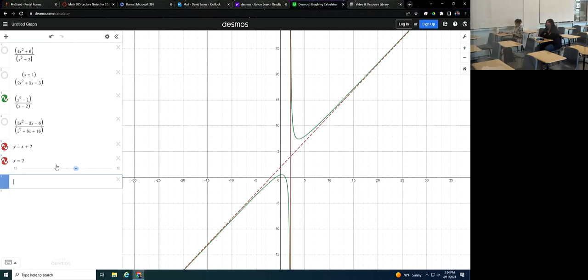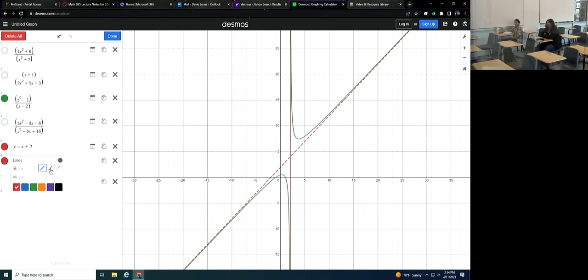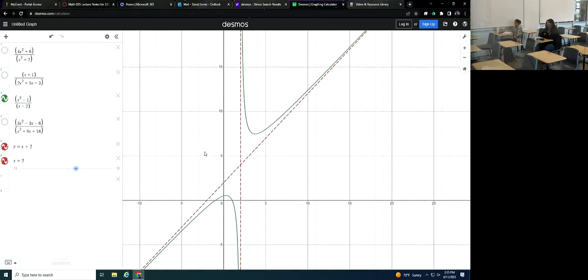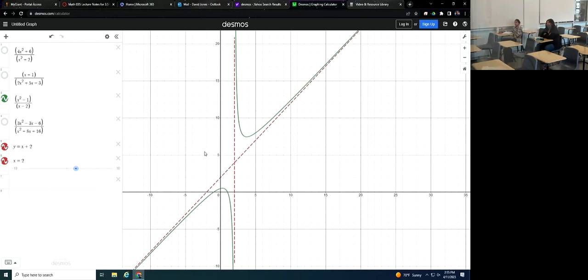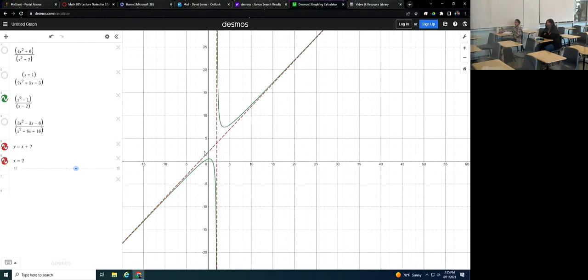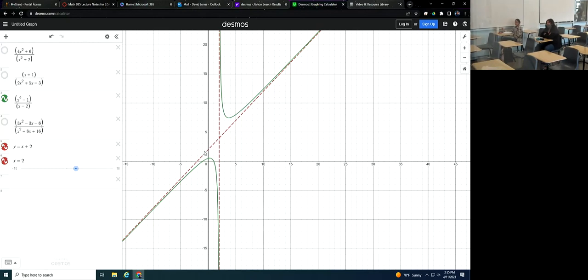If you want to make that an asymptote, you click edit list, and you can click on these and make them dotted lines, change the colors and stuff like that. So my asymptotes look good, and it doesn't look like my graph ever crosses it. Fun, right?